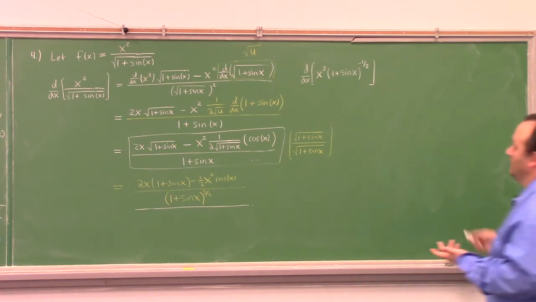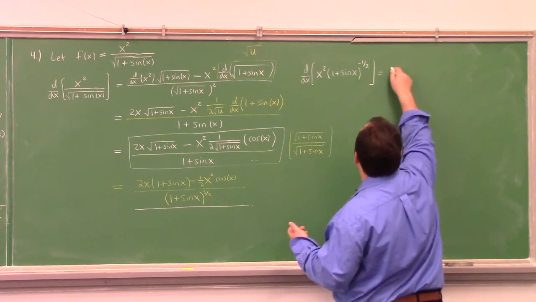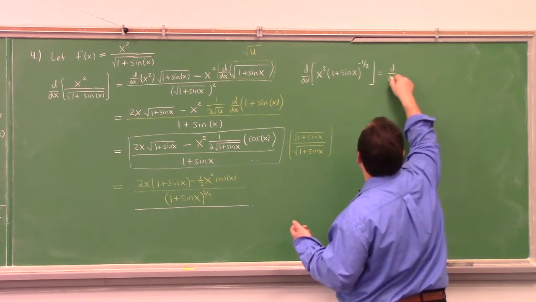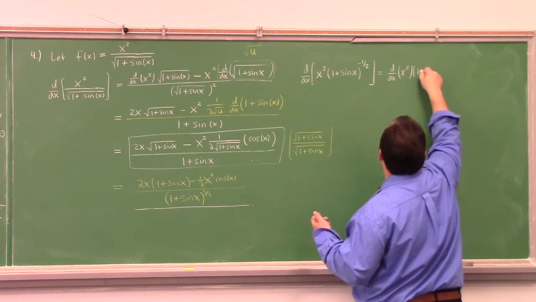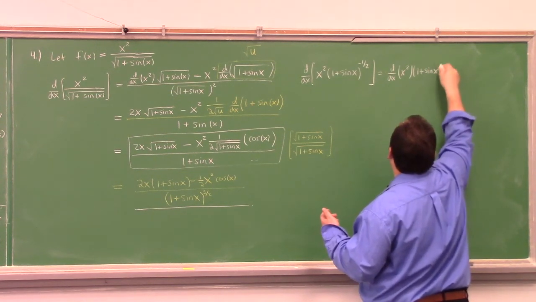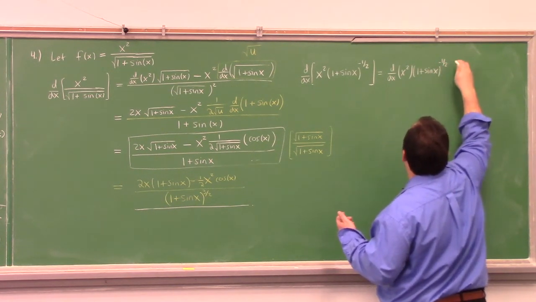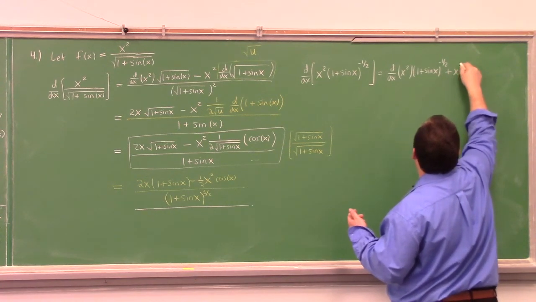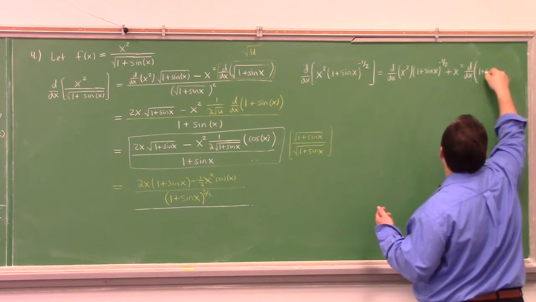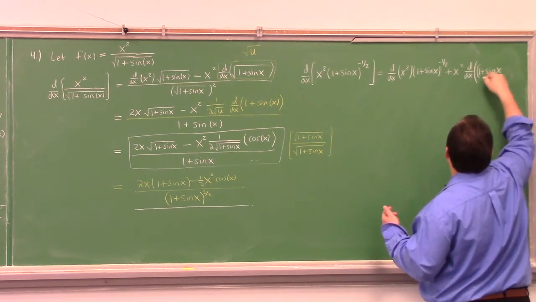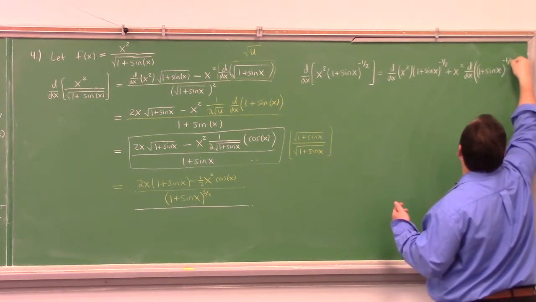And then I can use the product rule. So this is the derivative with respect to x of x squared times 1 plus sine x to the minus 1/2 power, plus x squared times d/dx of 1 plus sine x to the minus 1/2 power.